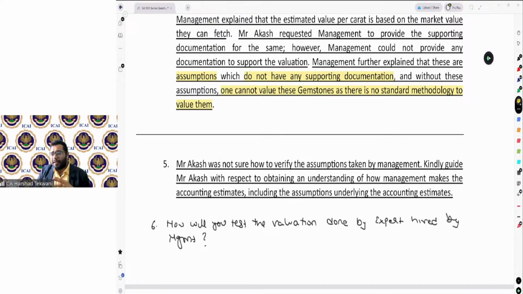I want the answer with the SA number, the name of the SA, the number of the SA, and the answer. I want the answer based on the SA number.